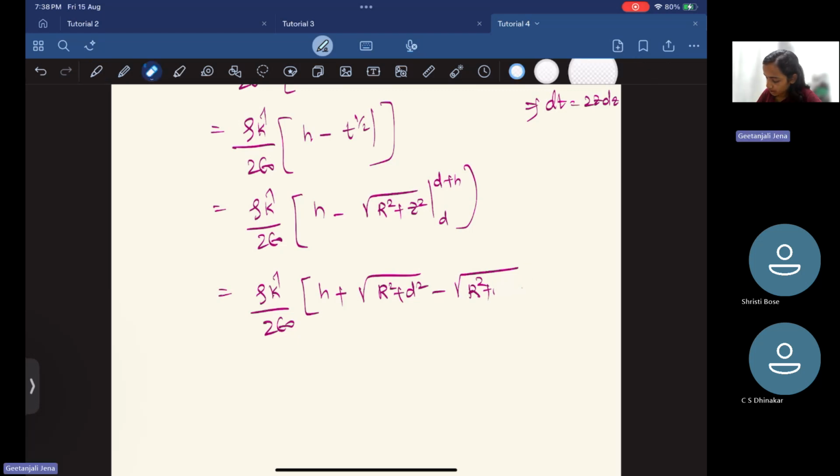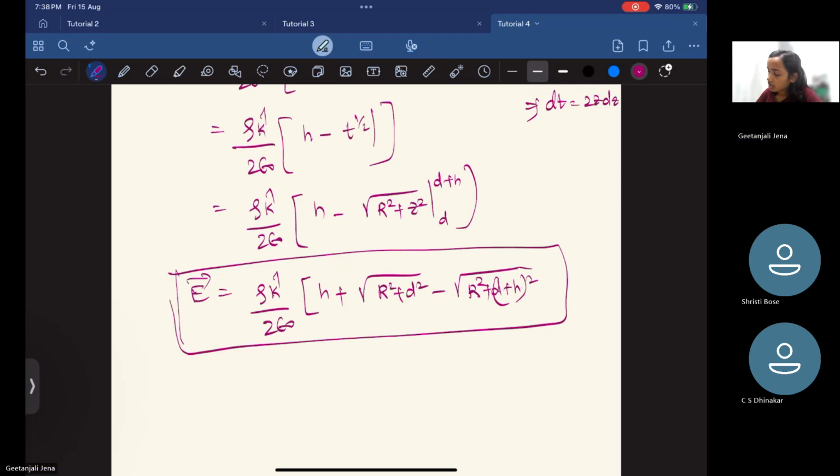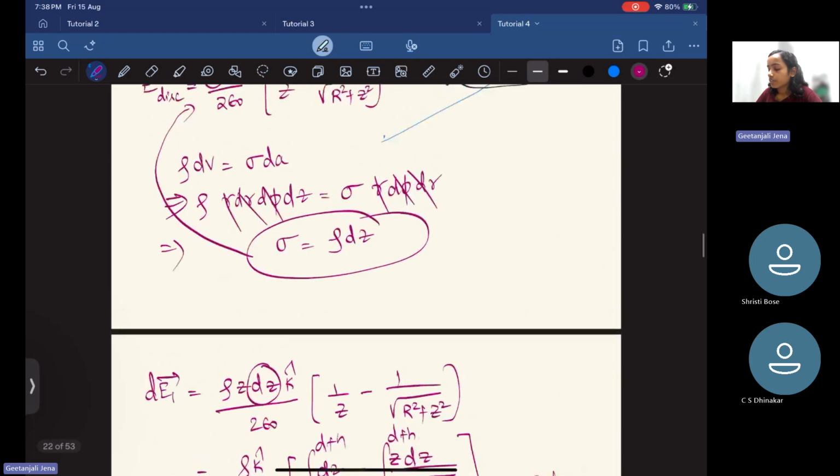So d plus h, right? This is the electric field due to a cylinder of charge density rho at a distance d.